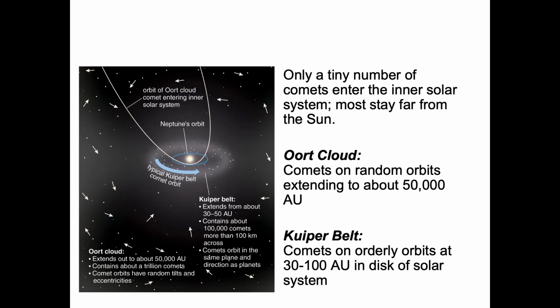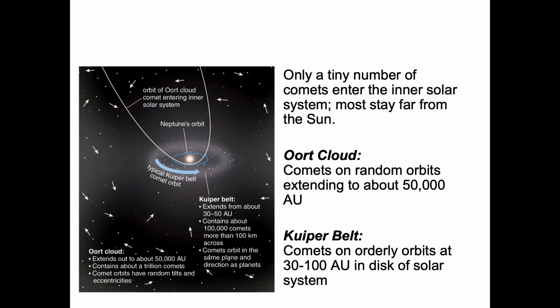Now, that being said, of all the comets in the Kuiper Belt, a very small fraction of the total actually make their way into the inner solar system. Most of them tend to stay pretty far out from the sun, especially if you're considering the Oort cloud, where we're talking about 50,000 times Earth's orbital radius from the sun.